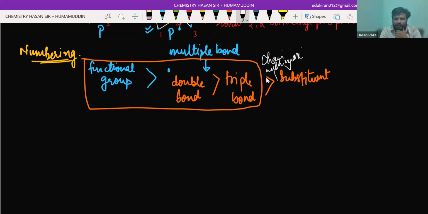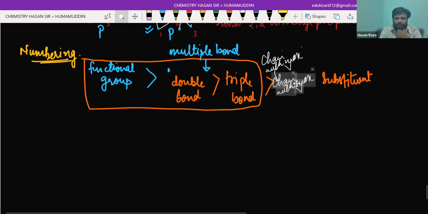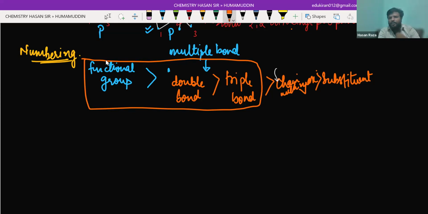This will come first. Now, if you don't have any functional group, and if you have a double or triple bond, you are going to give it the numbering.